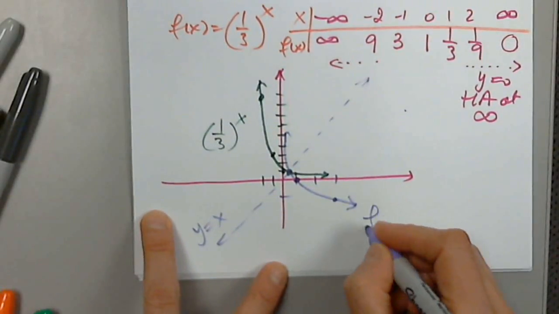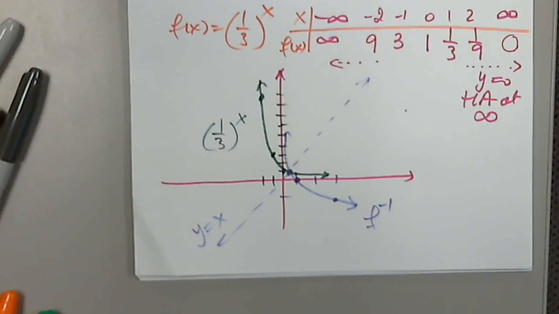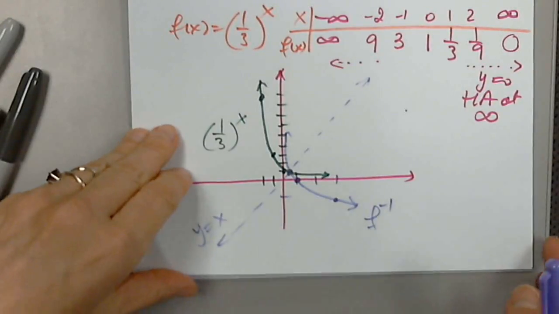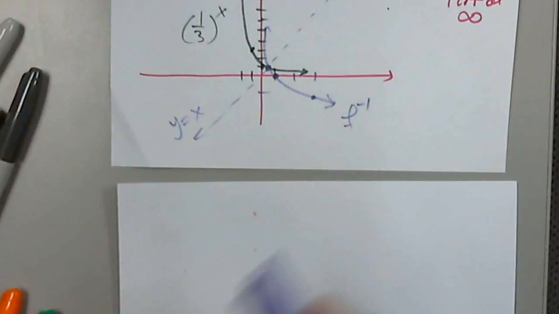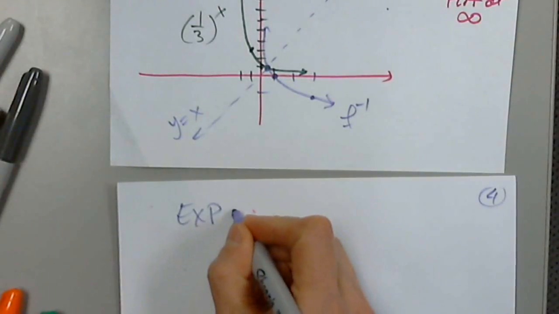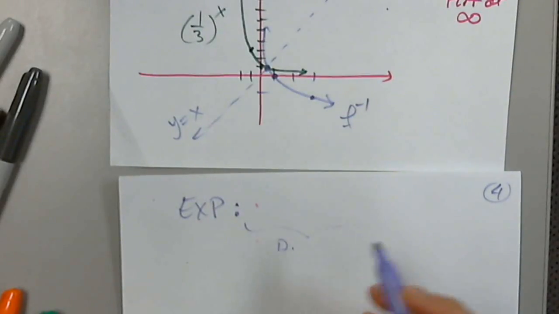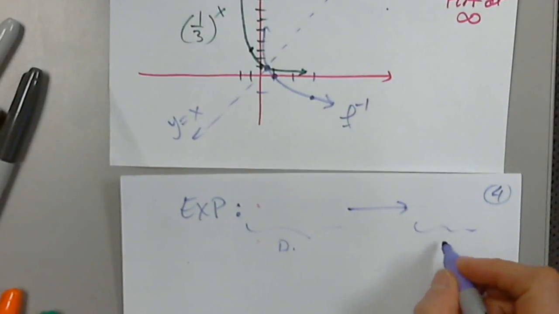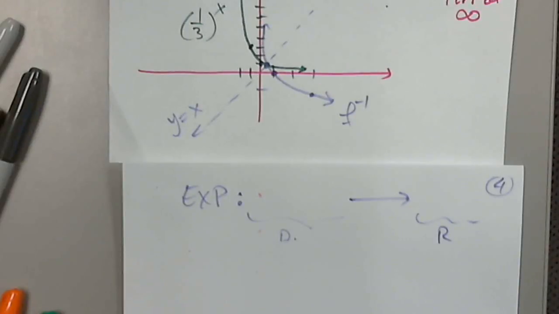So this is f inverse. We don't know what it is yet. We will identify its domain and range right now. Any exponential function is defined, and I would like the domain here, and taking values in the range. One more time, any pure exponential function, no transformations on it: what is its domain?